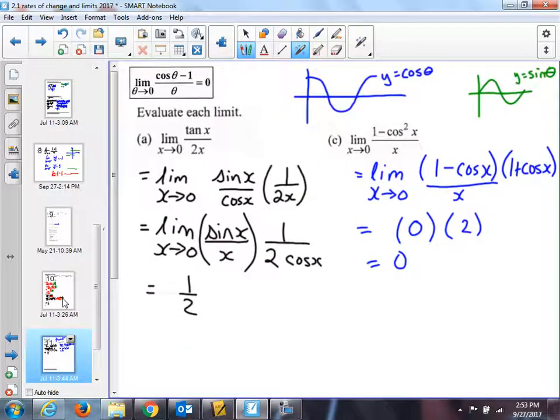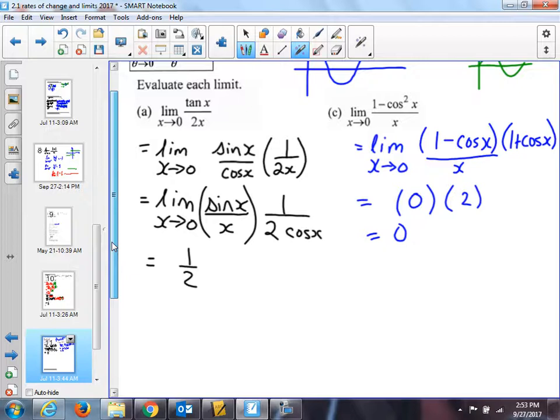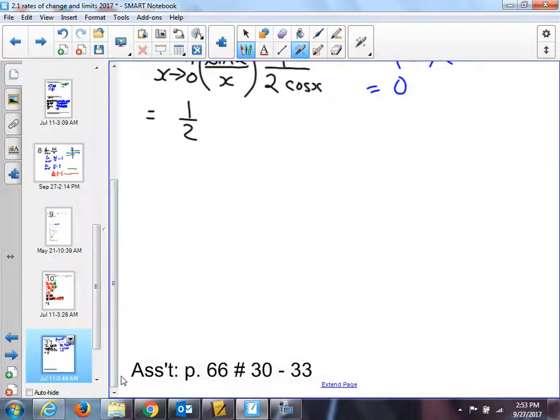Flip my lid. 30 and 33 from page 66. 30 through 33. Those are done by a graphing calculator anyways. Did I already assign them? Because somebody asked me about 31 anyways, eh? So I already had those, I guess. But yeah, make sure you did do those.